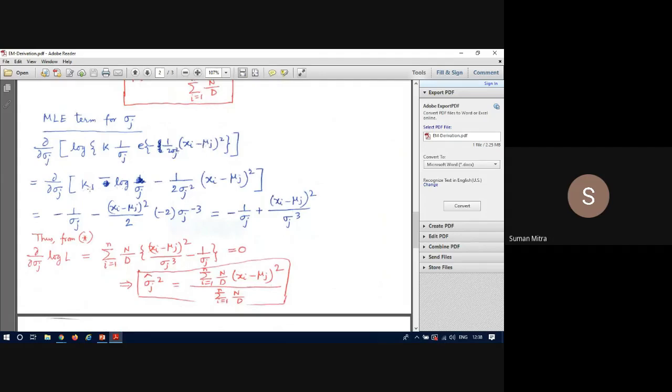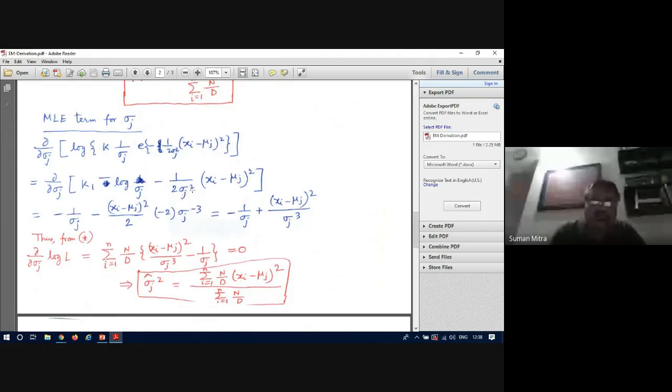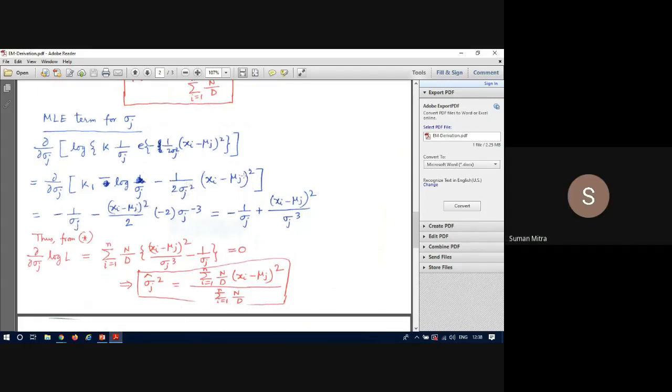So k1 minus log sigma j minus 1 by 2 sigma j square (x minus mu j) whole square. This k1 is a constant, so its derivative is 0. This is minus 1 by sigma j, and this is (xi minus mu j) whole square, by half, which is constant.